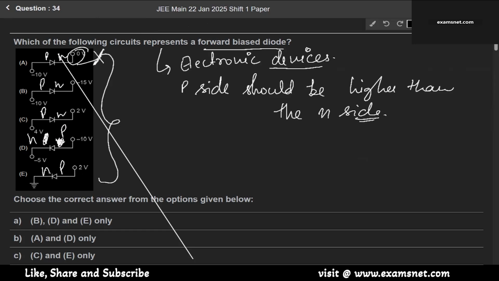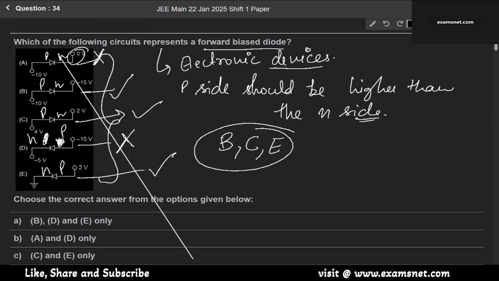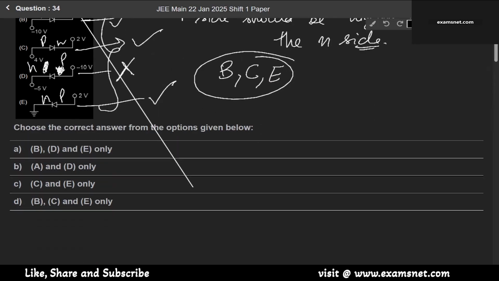In B, this is representing forward bias, and in option C, this is also representing a forward bias. In option D, this is P, this is N. This will not be possible for forward bias PN junction diode. And here also this is representing a forward bias. So only B, C and E, these diodes are representing forward bias conditions. So among these four options, B, C and E means option D. This option D is the correct answer.